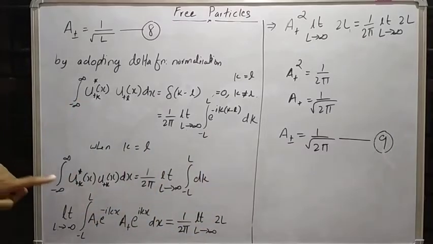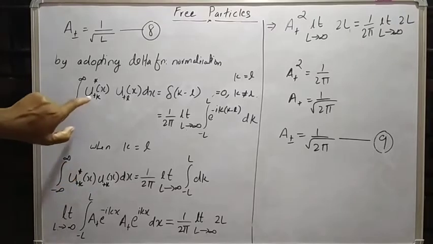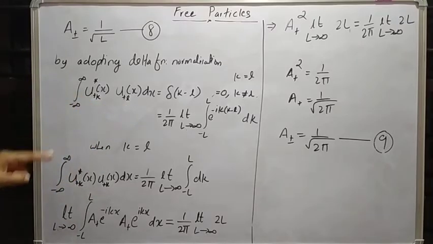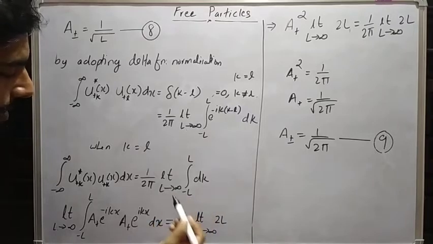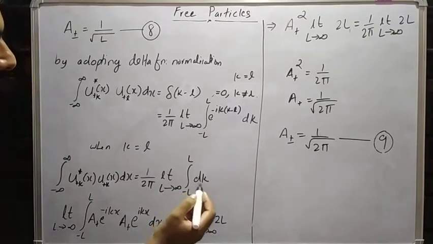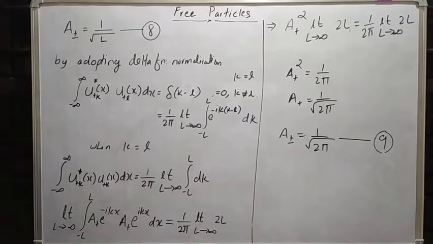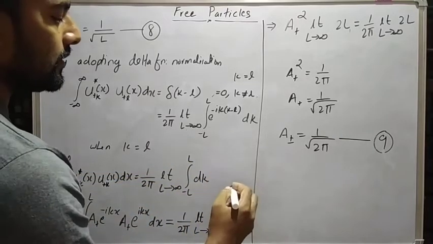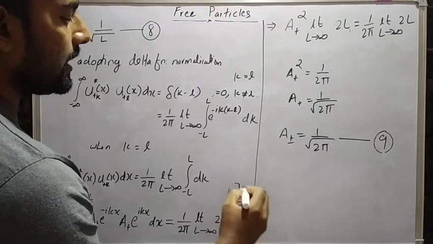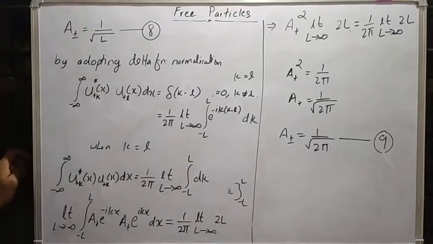Here we have taken k is equal to L. And in the left side, we can write it as limit L tends to infinity integral minus L to L, a plus e raised to minus ikx, a plus e raised to ikx dx is equal to 1 over 2 pi limit L tends to infinity integral minus L to L dk, and we will get 2L.